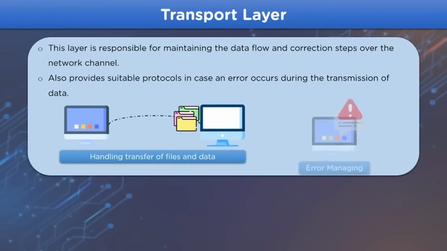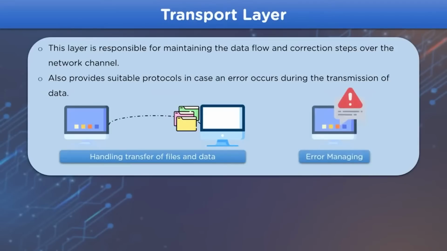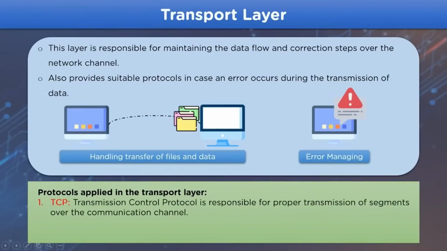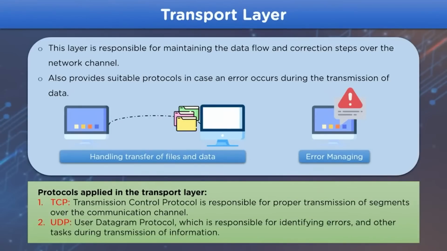It also performs the task of ensuring that the data is transmitted without error, and controls the data flow rate. The protocols that are applied in the transport layer are TCP, Transmission Control Protocol, which is responsible for transmission of segments over the communication channel. Then we have UDP, User Datagram Protocol, which is responsible for identifying errors in the data that is to be transmitted over the communication channel.